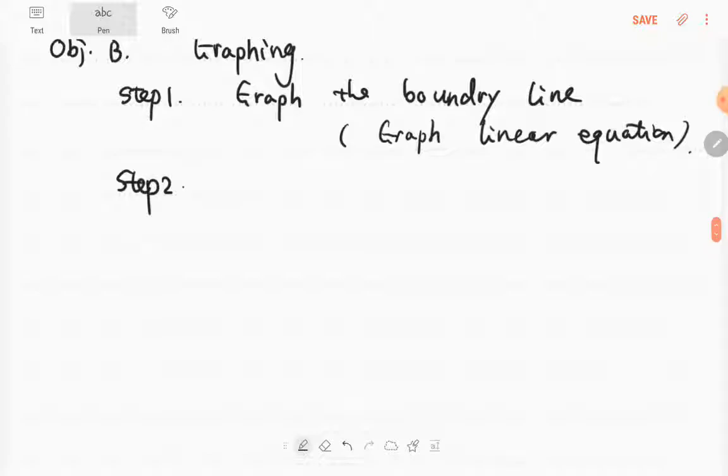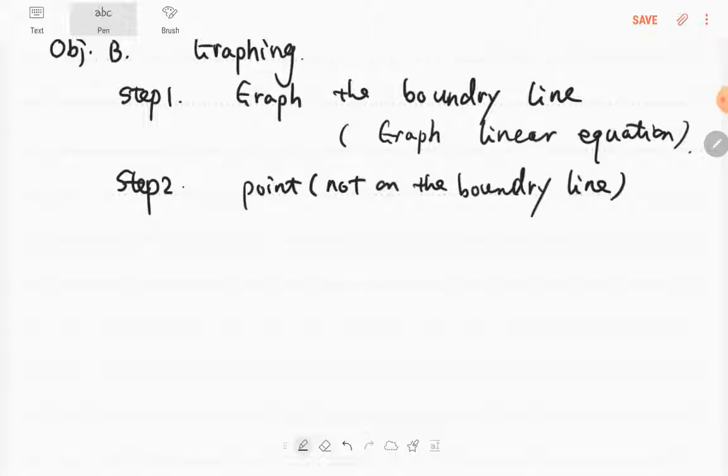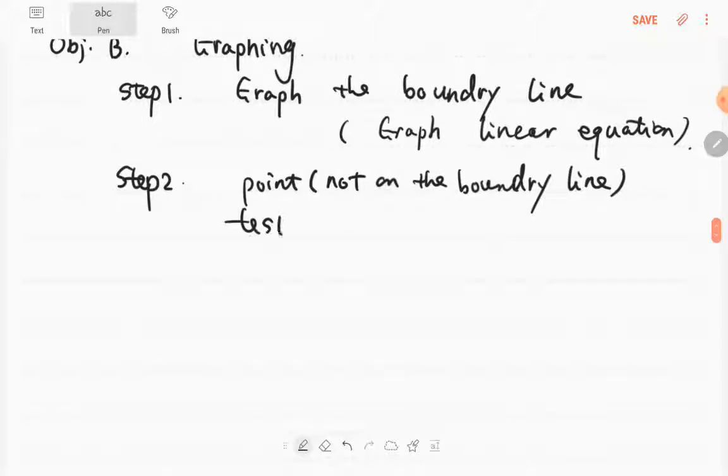Step 2, we should pick a point, but this point should not be on the boundary line. Then we test this point to see if it is the solution.